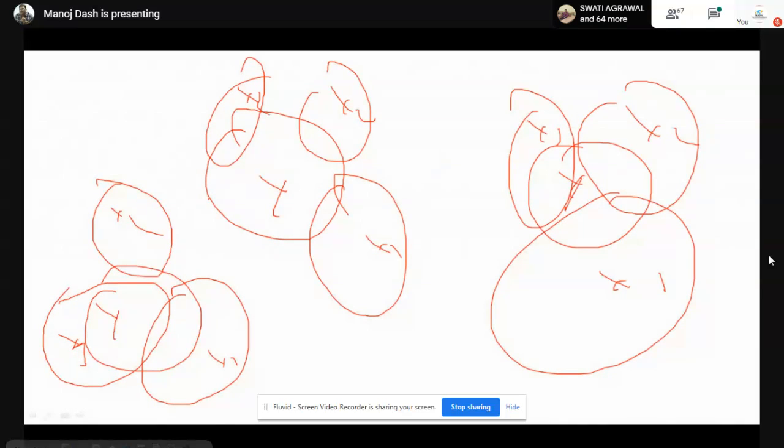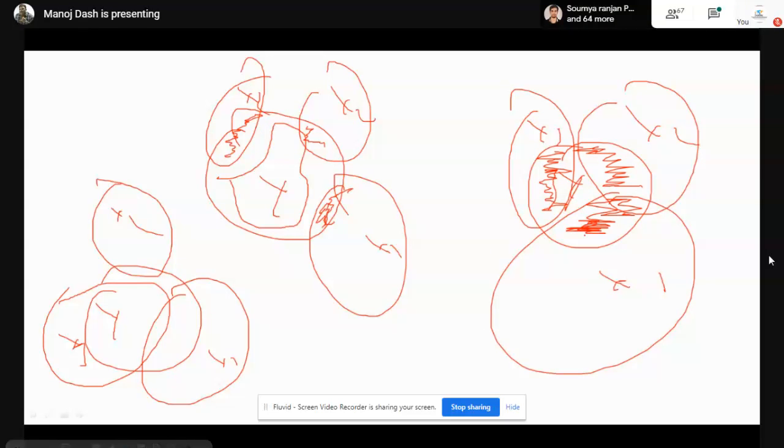Third model is good model. Third or first? Here, what will happen? This part of X1, this part of X2, and this part of X3 are explained and captured by Y. It means the majority of Y is not explained by either X1 or X2 or X3. Clear? What about this? This much of the variance of X1, X2, and X3 is captured by Y, but a small portion of Y is not captured. Is it clear?